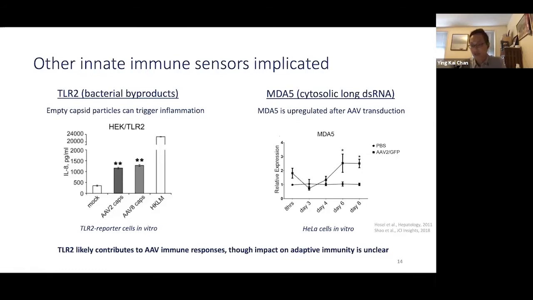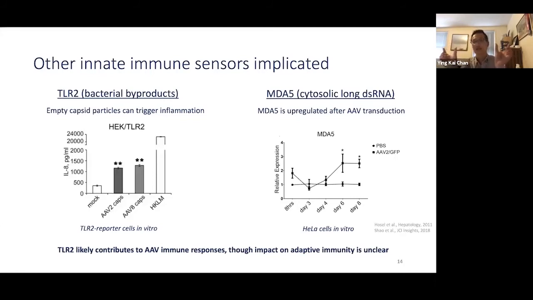This usually detects long double-stranded RNA in the cytoplasm. This is a hallmark of replicating RNA viruses, since humans only make single-stranded RNA. A group at UNC showed that expression of MDA5, gene expression, is upregulated after AAV transduction.